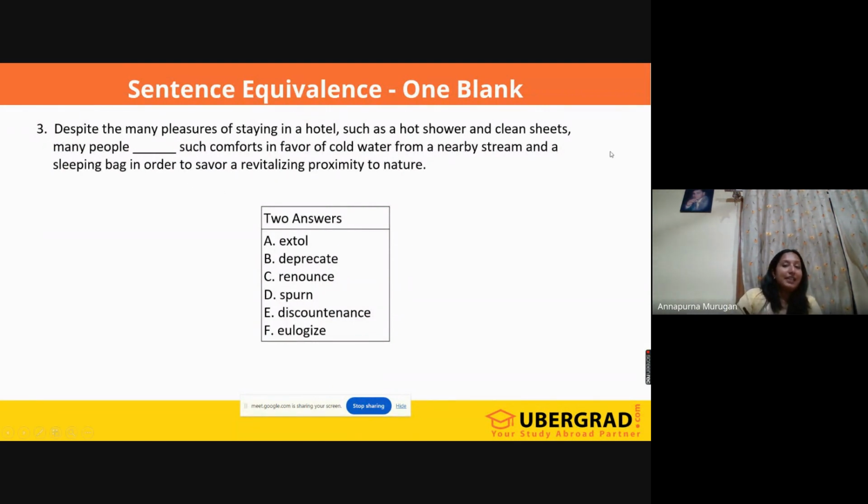See why? Because even though it is a pleasure, many people blank such comfort, despite is there. That means opposite. Here you need to showcase that these many people disregard, they don't take such comfort. Why? They want the cold water and this. So here it says many people either reject or disregard such comfort, isn't it?